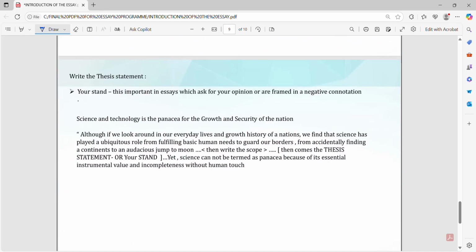Okay, and this is the thesis. In the thesis, your stand. As we have already seen, capitalism will bring inclusion. Someone may say, no, capitalism cannot bring inclusive growth.